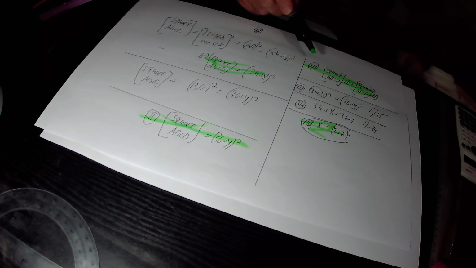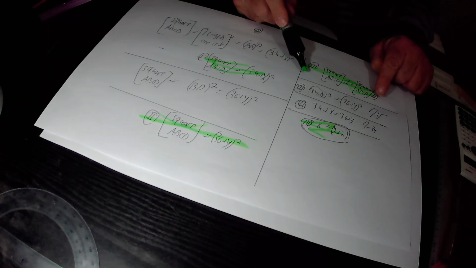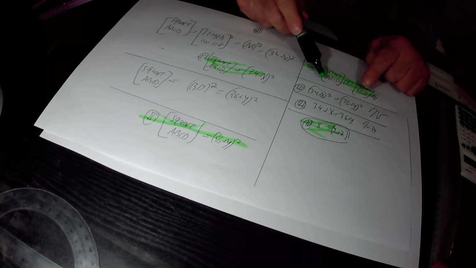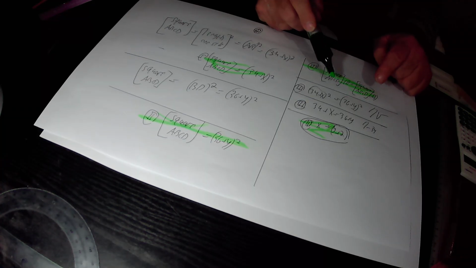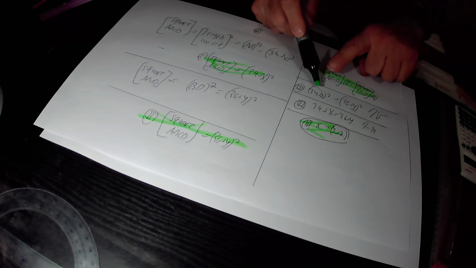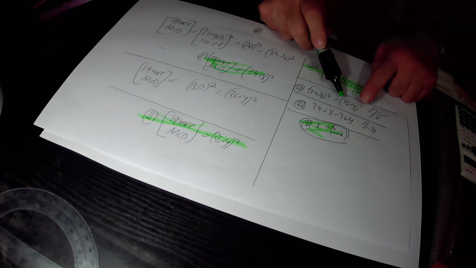If we take the square root from this equation 3, we find out that 34 plus x equals 36 plus y. Why? Because the square cancels the root, and we are left only with 34 plus x, and on the other side 36 plus y.